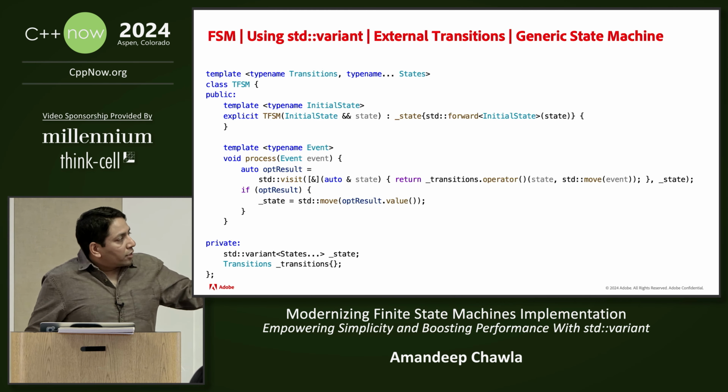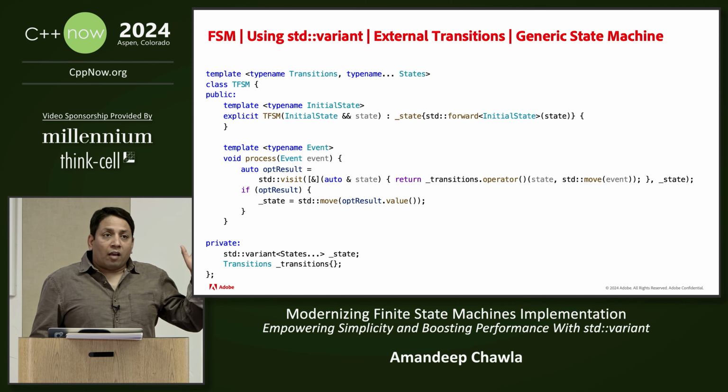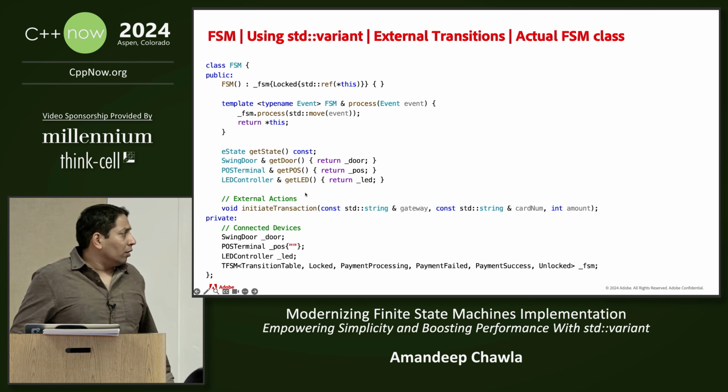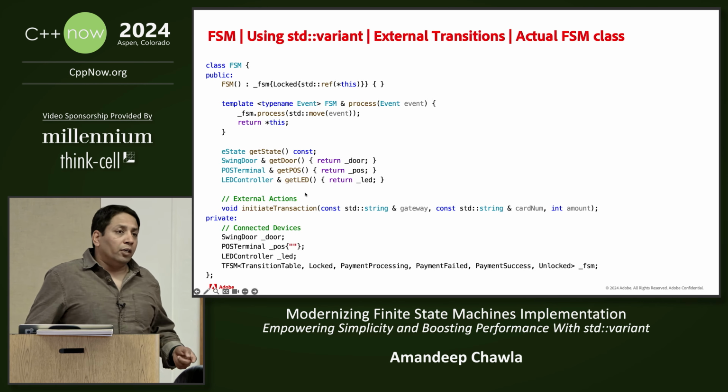And if you see my actual FSM class, which was having all that stuff, it doesn't need any change. It just provides the external transition. So if you see here, the TFSM first takes a transition table, and then the states. The transition table is trivially constructible, so you don't even need to pass it.